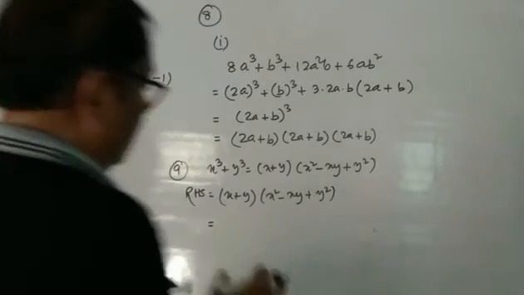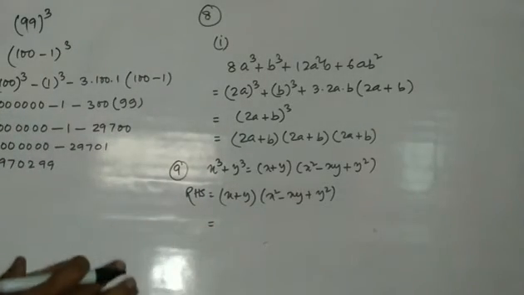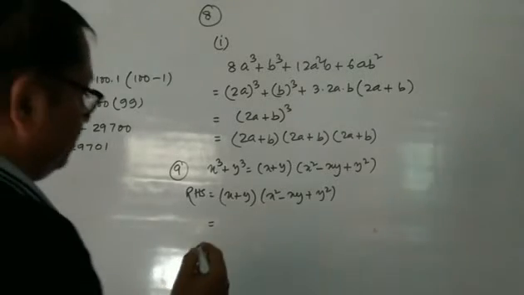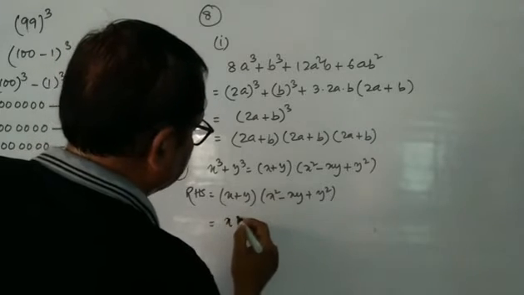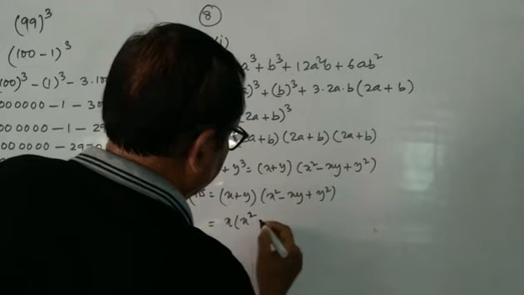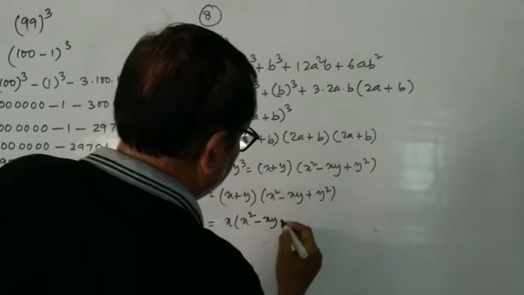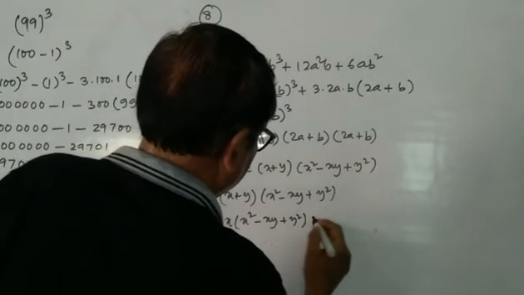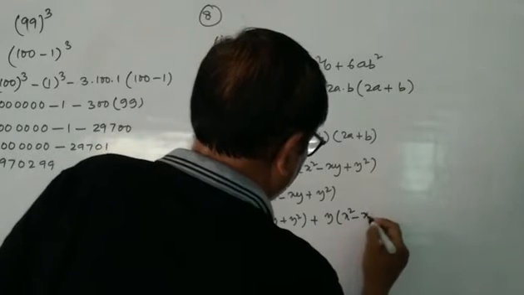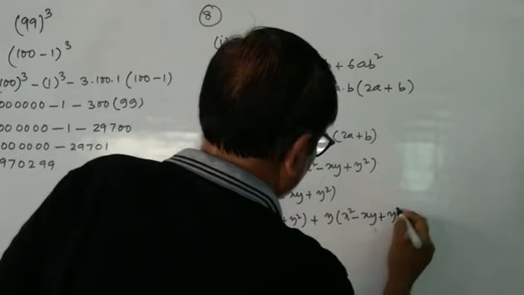Next, using the distributive law of multiplication over addition and subtraction, what we will do? x into x square minus xy plus y square plus y into x square minus xy plus y square.